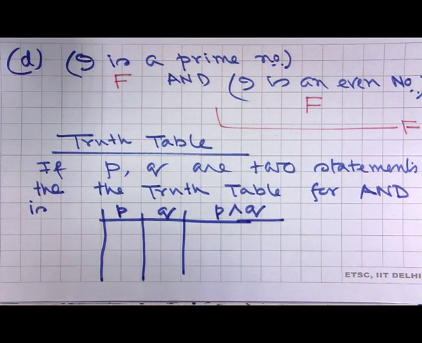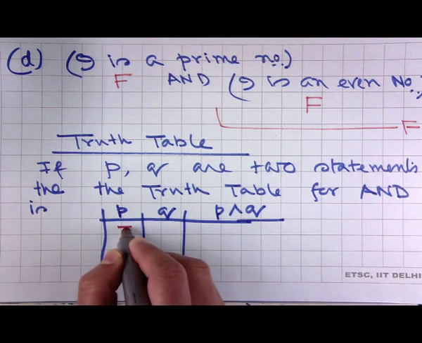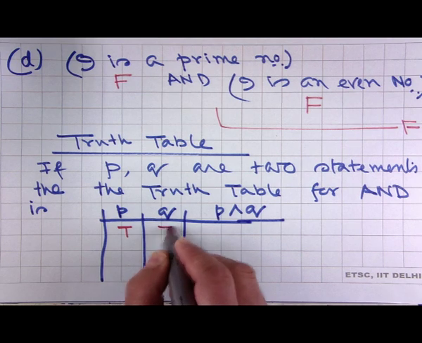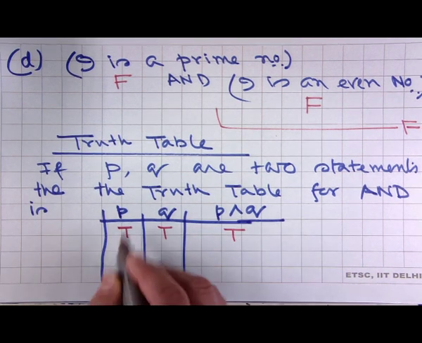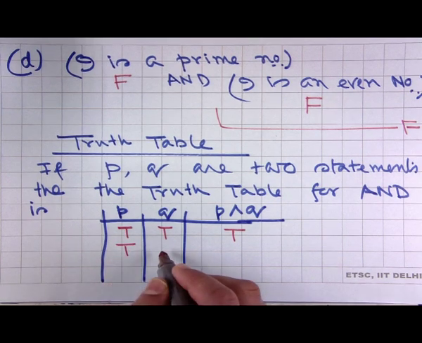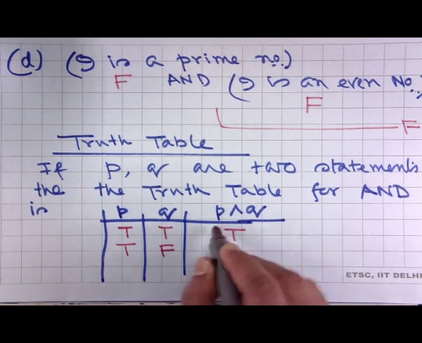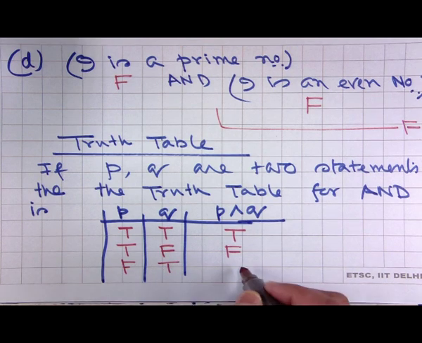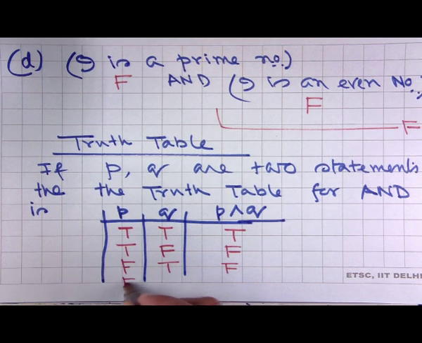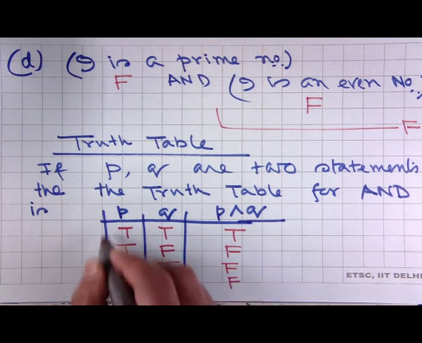We know that P can take true, Q is also true, then P and Q is true. If P is true, but Q is false, then P and Q is false. If P is false and Q is true, then also P and Q is false, and if P is false and Q is false, then P and Q is false.